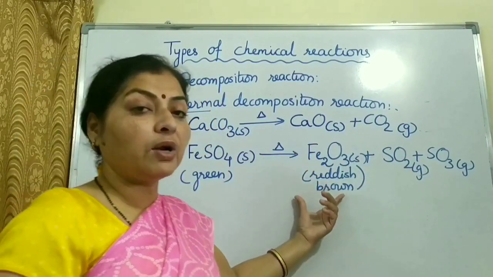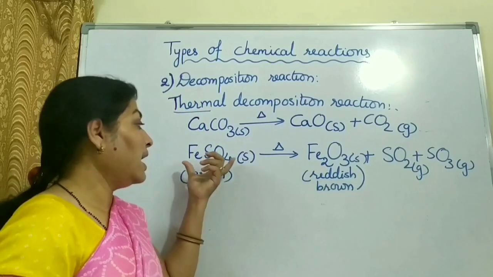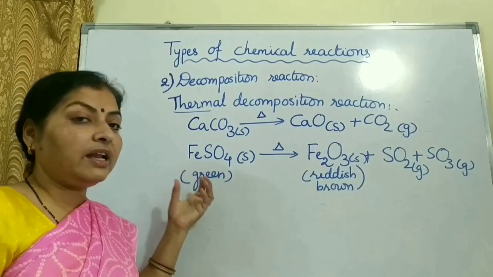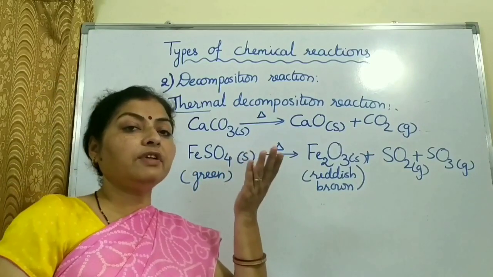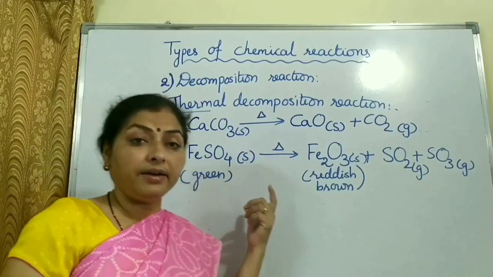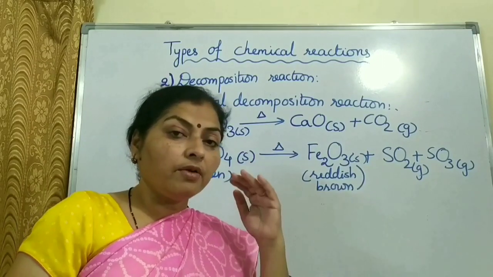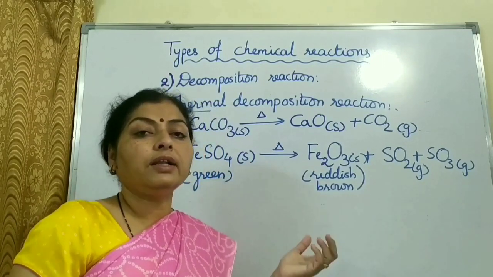Fe2O3 has a reddish brown color, that is rust color. FeSO4 is pale green in color. So when we start heating this, what will happen? First, the water of crystallization will be removed because FeSO4 is a hydrated salt, and then the color from pale green will start turning to colorless.